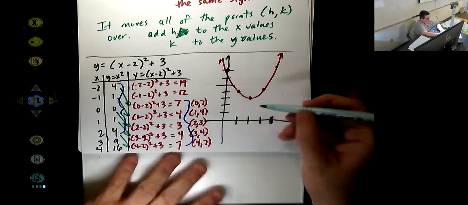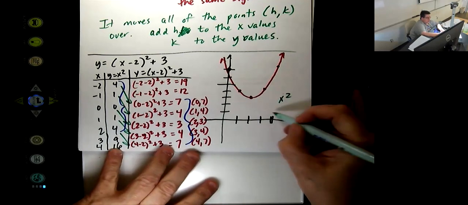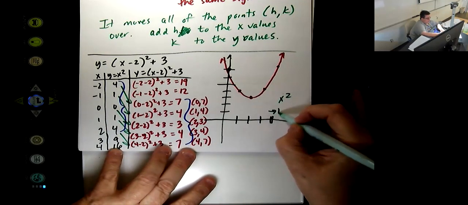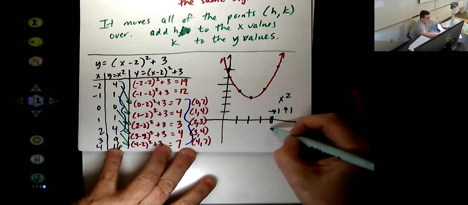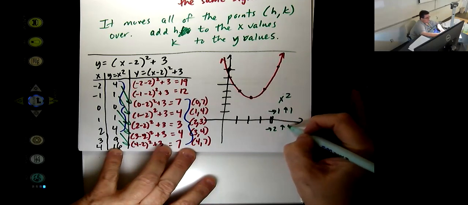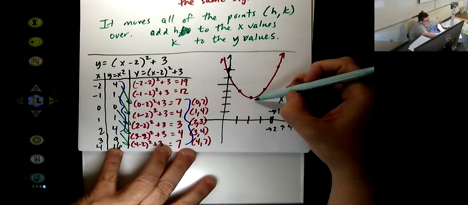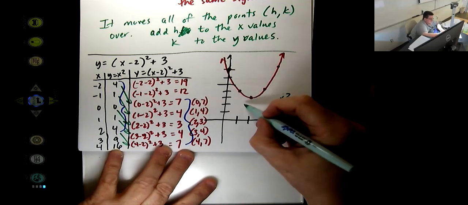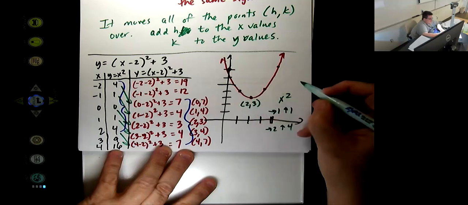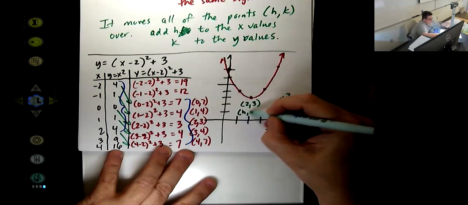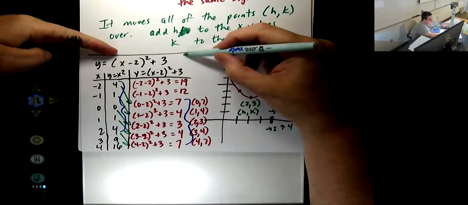Now remember with x squared, I was saying we do right 1, up 1, right 2, up 4. From here, this still applies. This is 2, 3. That's my H, K. You guys see that?